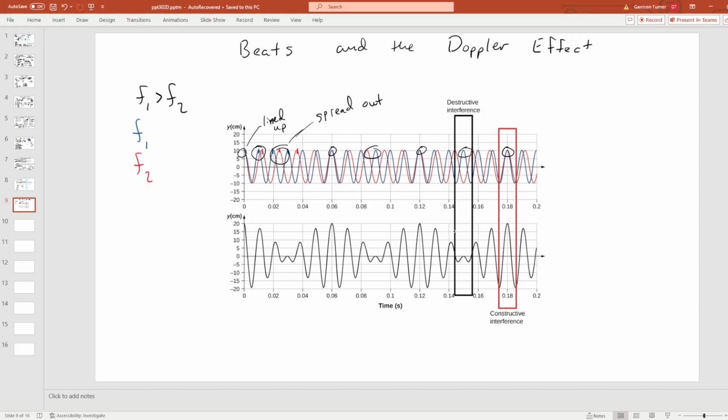If we're referring to sound waves, the signal that you hear will be the superposition of these two waves at all times.